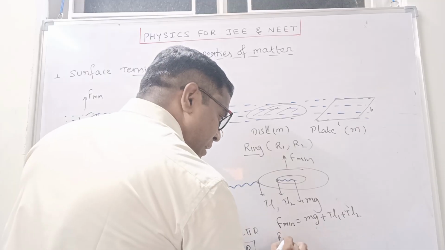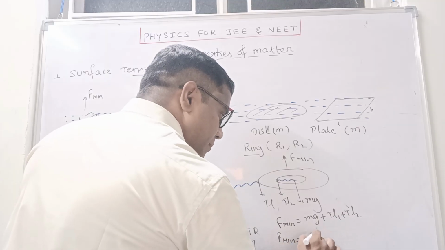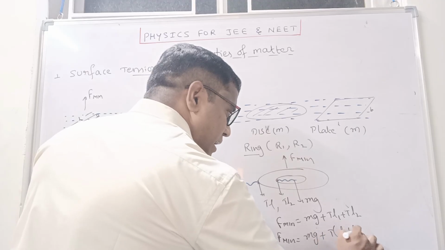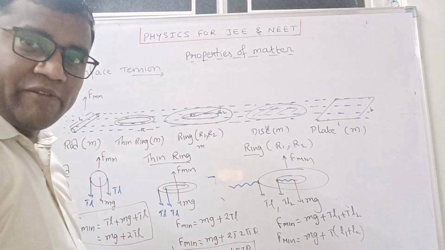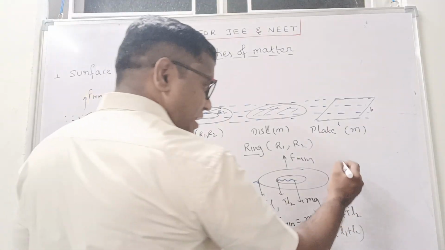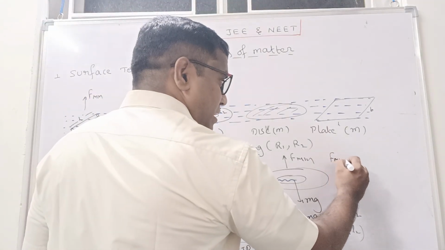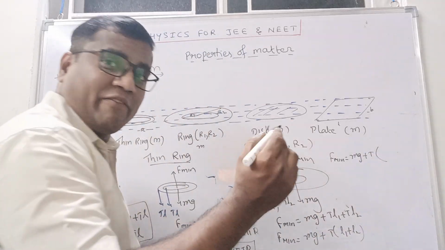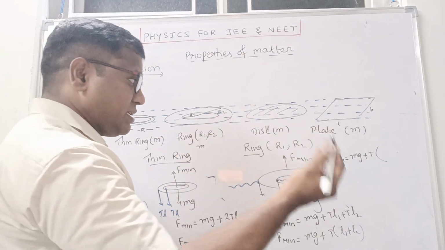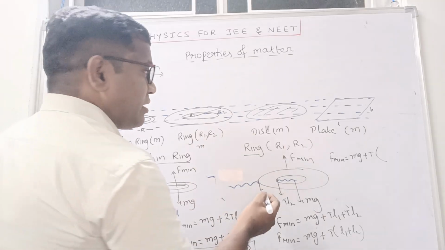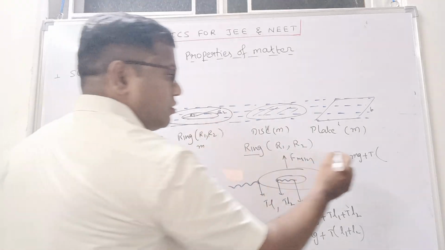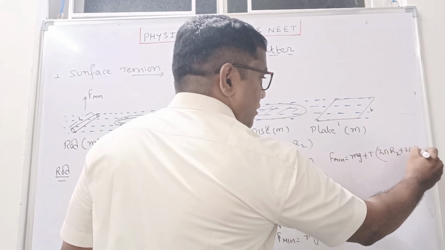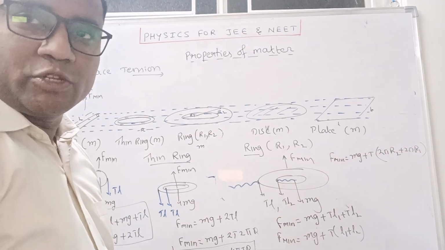So F minimum can be written as mg plus T, taking L1 plus L2 common. So we'll get F minimum as mg plus T into L1 plus L2. L1 is nothing but 2 pi R1. Outer radius is, for example, R2, so 2 pi R2 plus 2 pi R1.